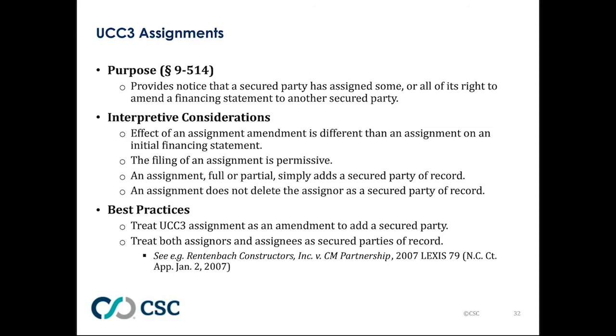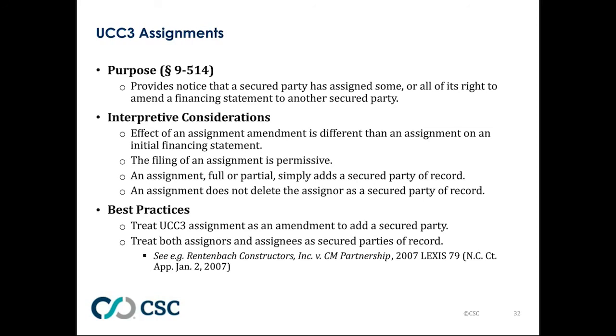And Factor 2 said, well, the bank assigned its security interest in accounts receivable. As a result, we're entitled to first priority in those funds. The bank pointed out, no, we didn't assign the security interest. We filed an assignment, but the security interest wasn't assigned.